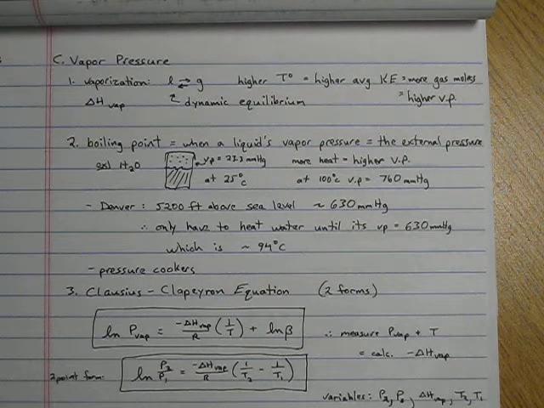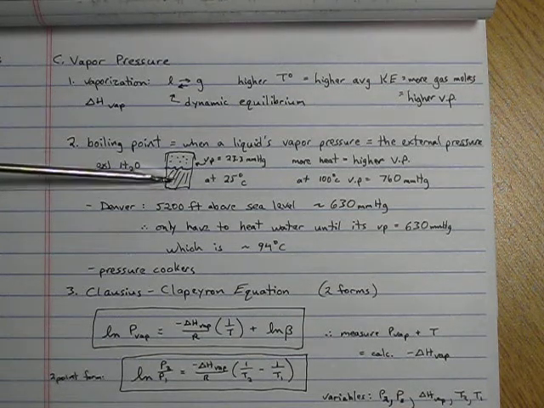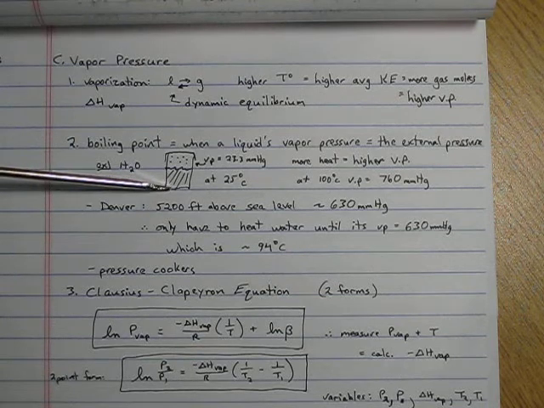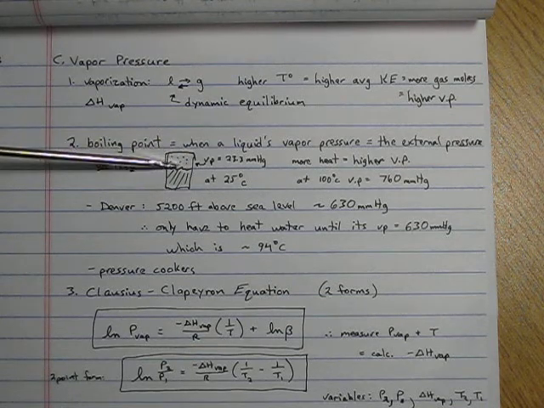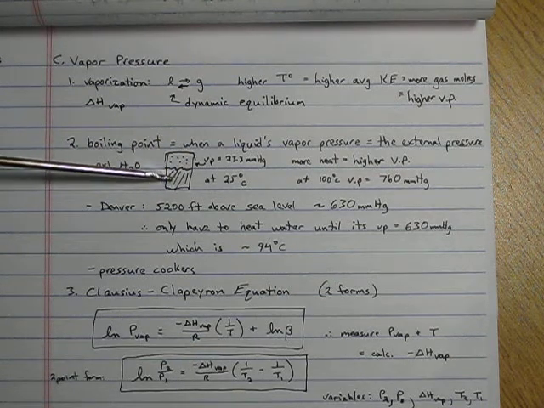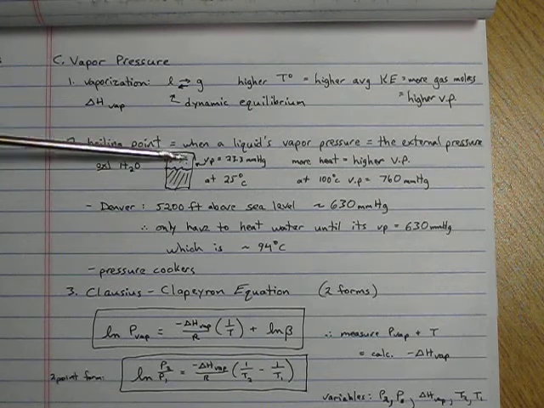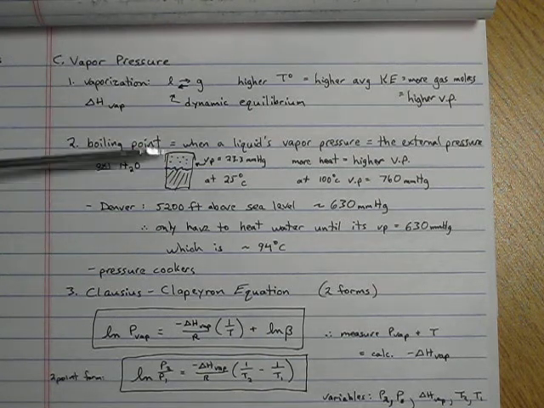So the vapor pressure is the partial pressure of whatever liquid you have in the container, the partial pressure of the molecules of the liquid that have escaped into the gas phase, that is the vapor pressure.